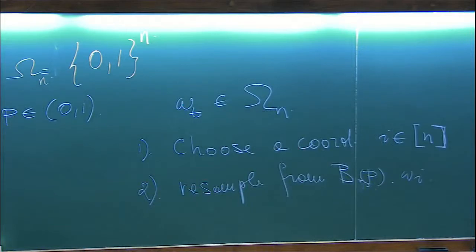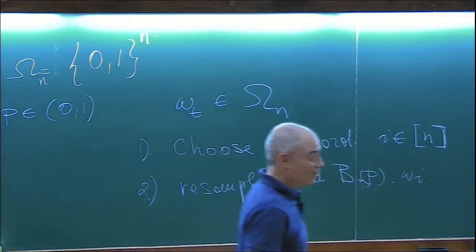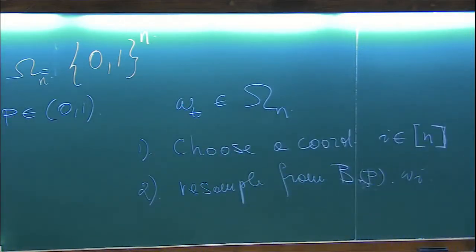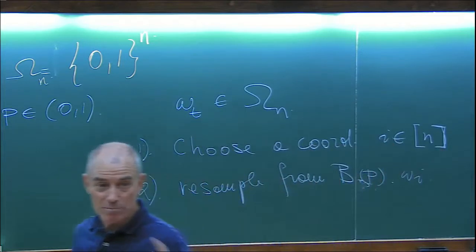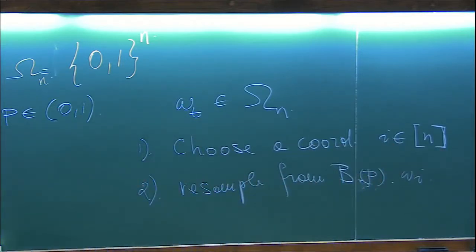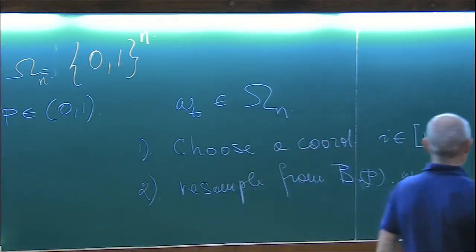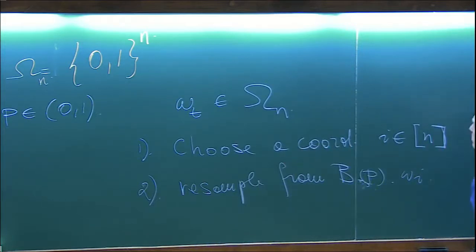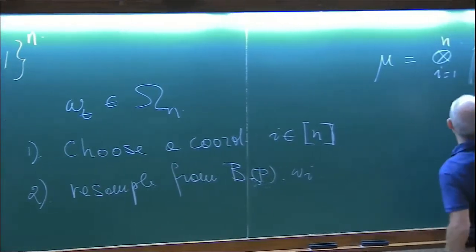This is an elementary chain. Actually, it's a product chain, because on each coordinate you have an independent two-state Markov chain between 0 and 1. It is reversible with respect to the product measure that I call mu, the product measure of the Bernoulli(p).